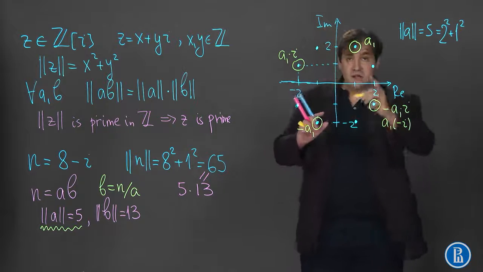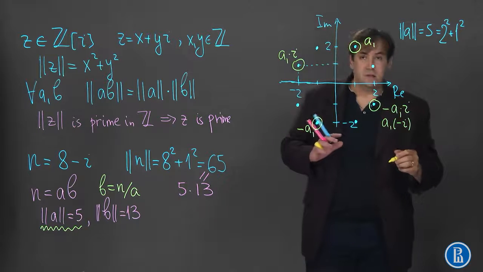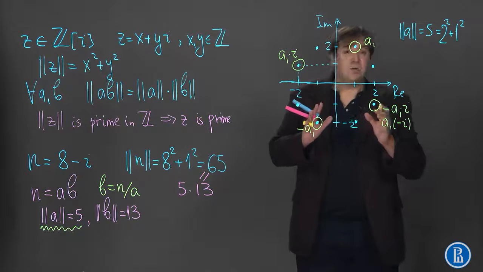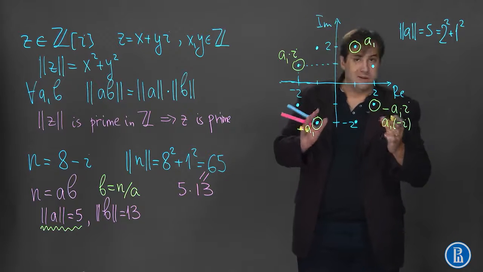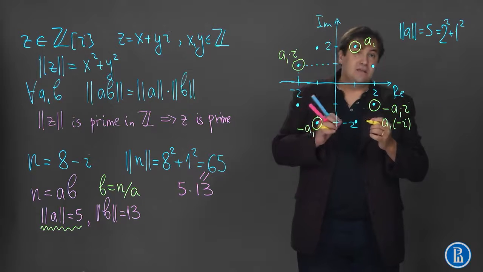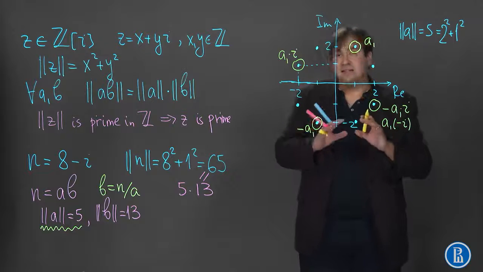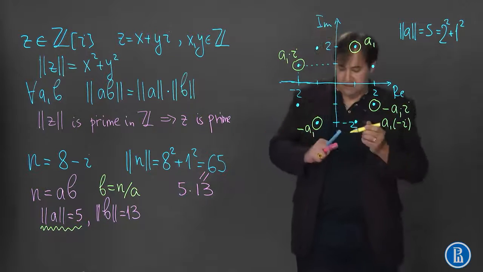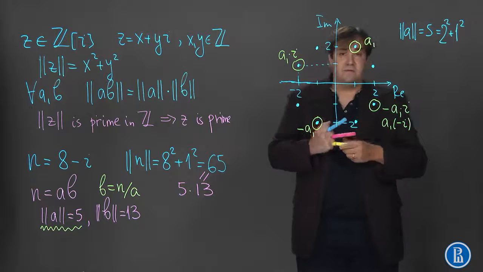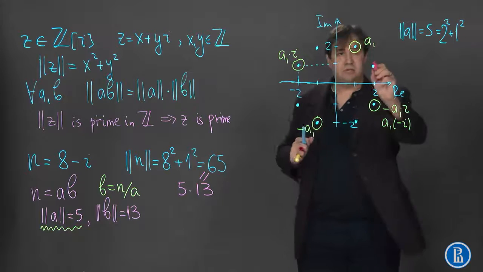So of all these 4 yellow elements, we need to check for just one of them whether n is divisible by this element. Because if we find that it is not divisible, then it is certainly not divisible by all other yellow elements. Also, we have 4 other points.